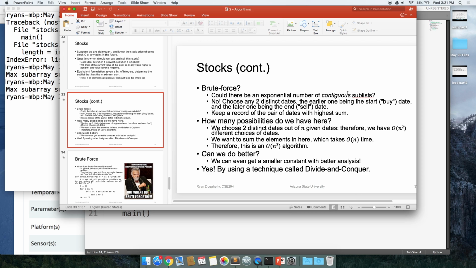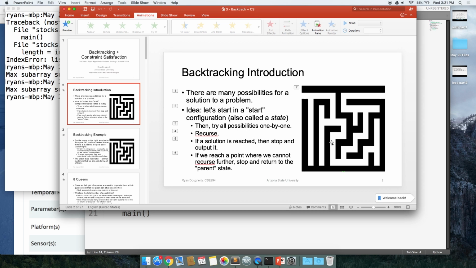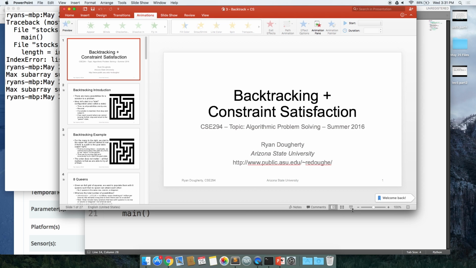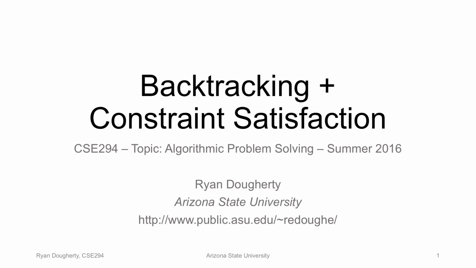All right, so let's go to the next topic, which is backtracking. When we were talking about brute force, we're talking about generating all possible solutions, right? We just generate all possible solutions and look at each one and see if it was a solution. Then if it is a solution, we add it to a list of solutions, right?